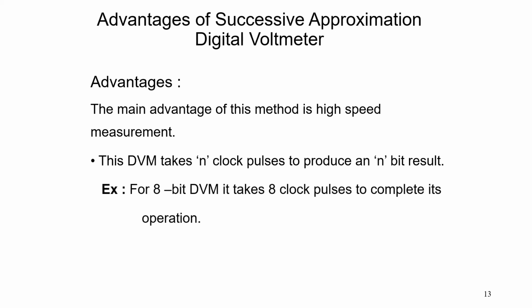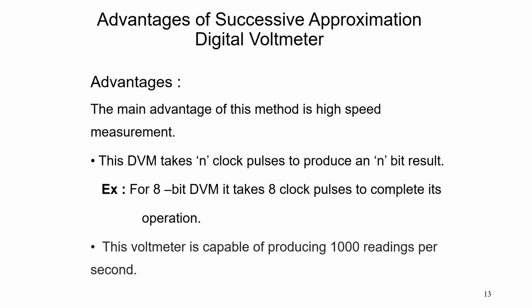For example, an 8-bit DVM takes 8 clock pulses to complete its operation. So this voltmeter is capable of producing nearly 1000 readings per second. So this is how a successive approximation type voltmeter works.